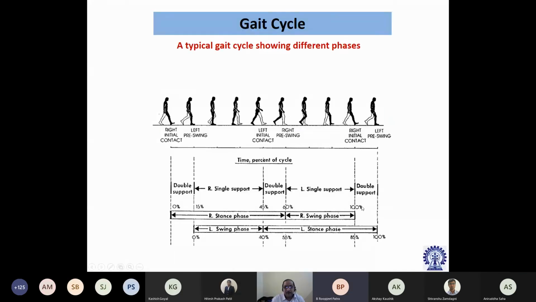In the right single support period, it starts at 15% of the upper cycle and goes up to 45% of the upper cycle, and starts at 0% of the lower cycle but goes up to 40% of the lower cycle. No, not upper and lower, it's left and right. So it's totally 30% of the right cycle and 40% of the left cycle. Is that how it should be?